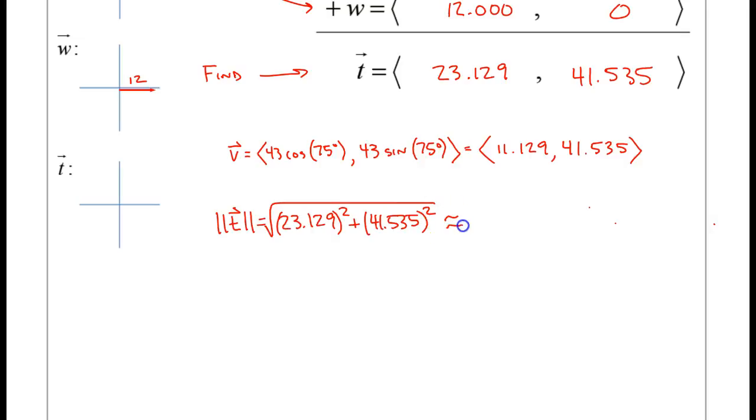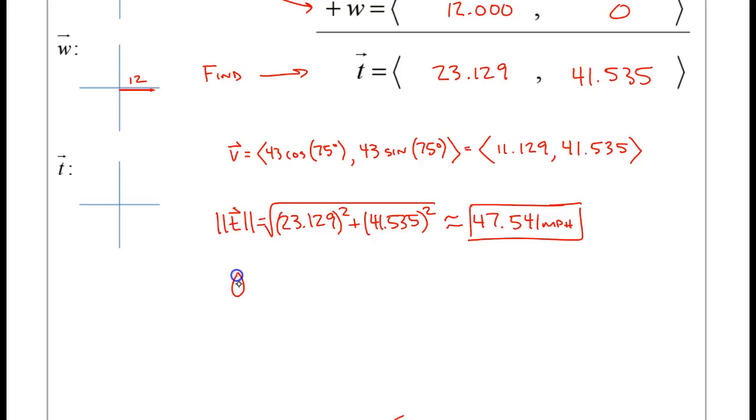That is approximately equal to 47.541 miles per hour. That is the magnitude of my true vector. The magnitude of velocity is speed. So that's the speed of my jet ski when I account for the water current.